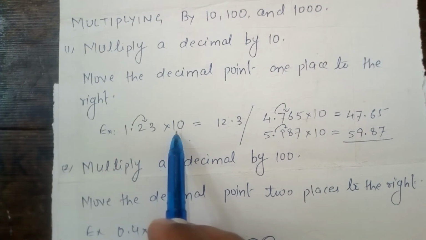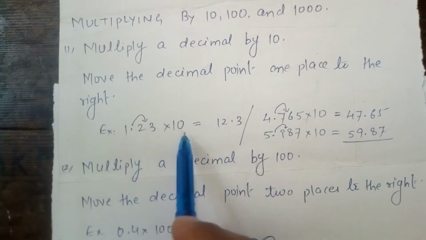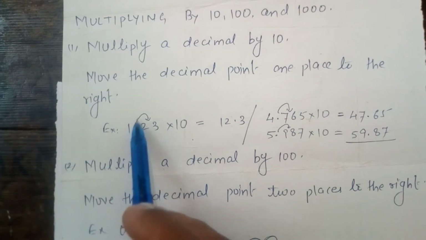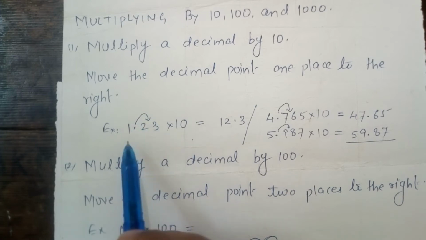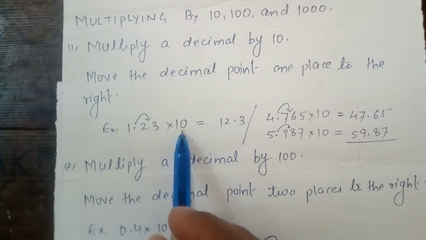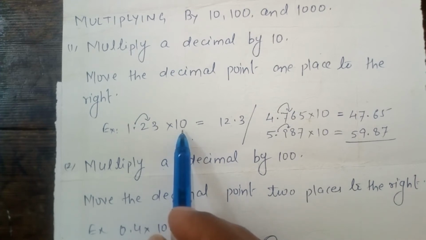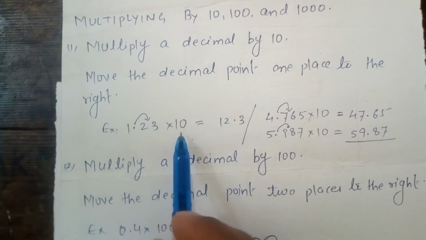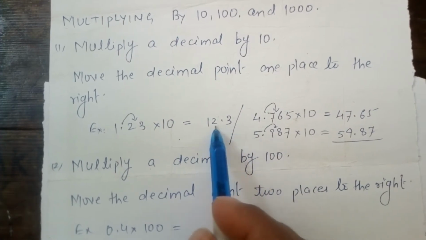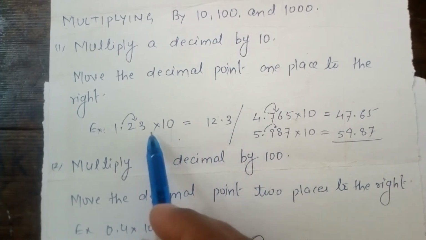In 10, the number of 0s is 1. So we move the decimal point one place to the right. What is your answer? 12.3. 12.3 is your required answer.